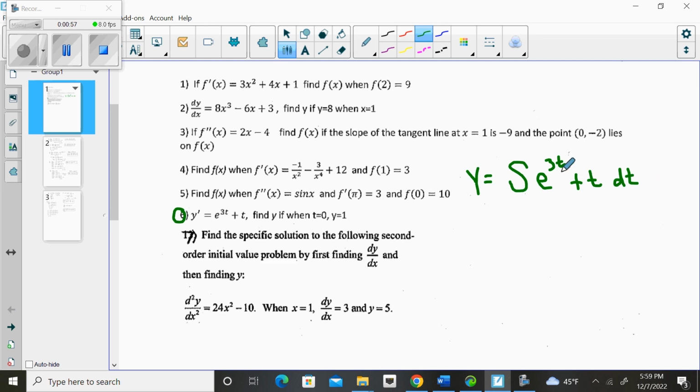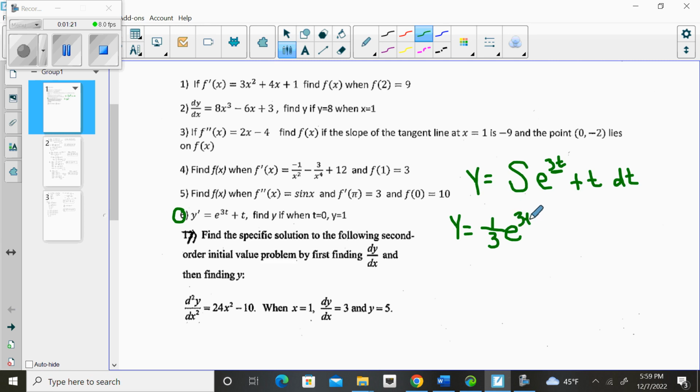So I find this antiderivative. On the answer key I was doing a u substitution here, but I hope we have it memorized that if it's e to some constant, the antiderivative is the reciprocal of the constant and then keep e to the same power.